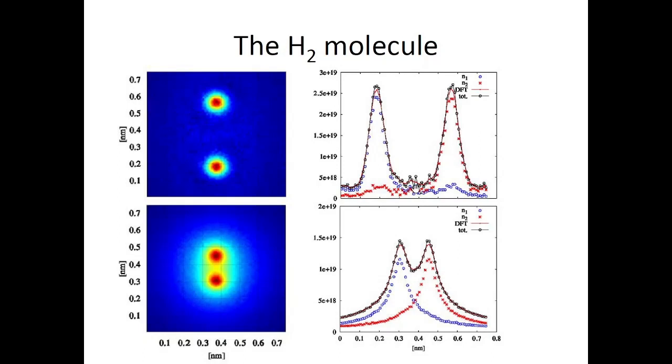There is no bond being created. But as soon as these two atoms are very close, in this cut of the density or probability of finding electrons computed using signed particles, you can see that the middle between these two peaks is not flat anymore. There is the creation of a bond, which we can see from this area, where the probability of finding an electron is now very, very high between these two peaks.